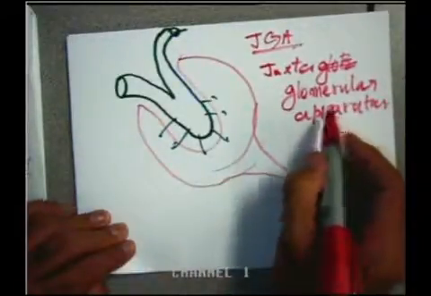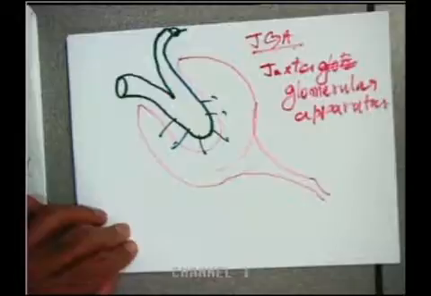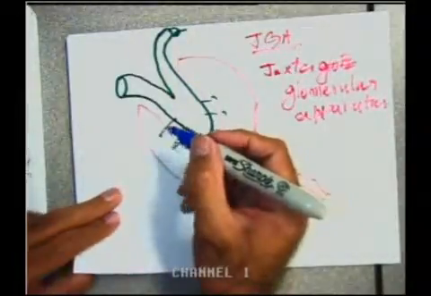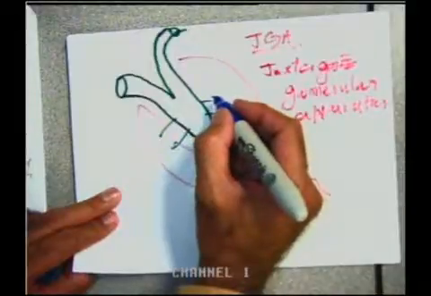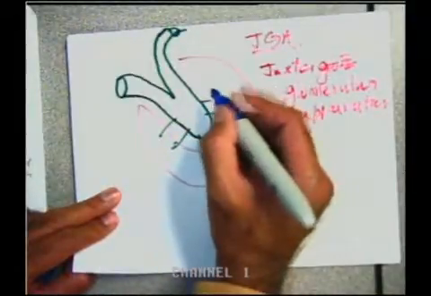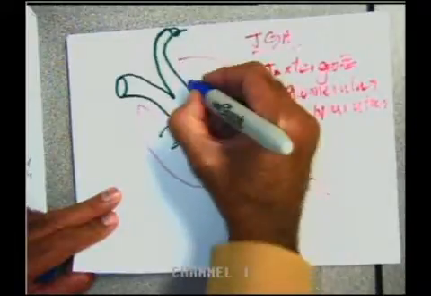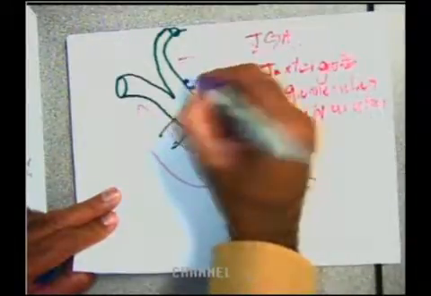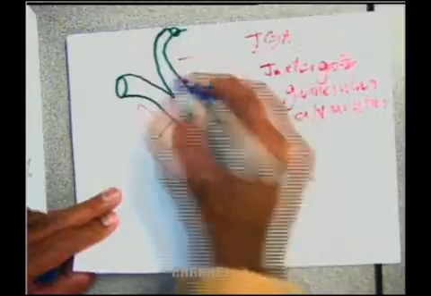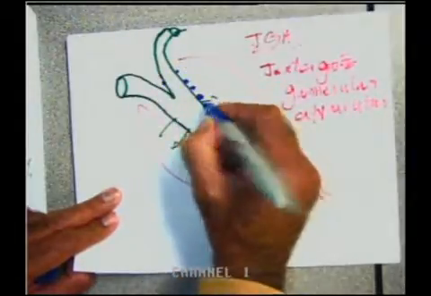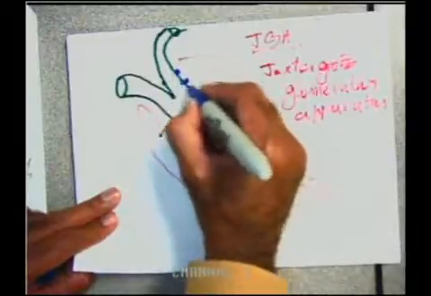Okay. In this, what happened? The juxtaglomerular apparatus, JGA, is located in the arteries. Suppose this is the artery which is coming over here, and you can also see this blue-colored apparatus present here.